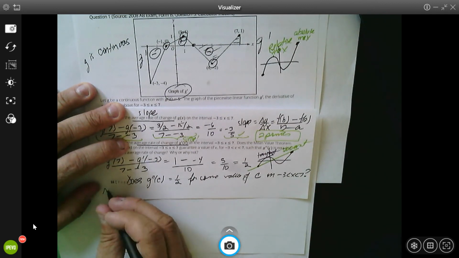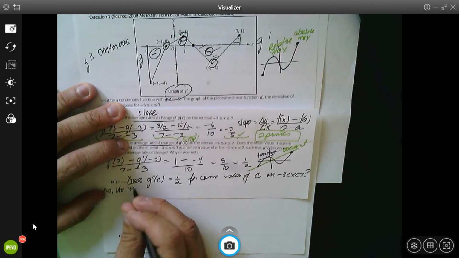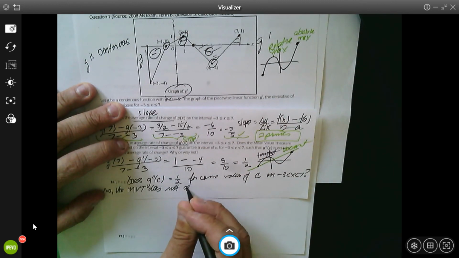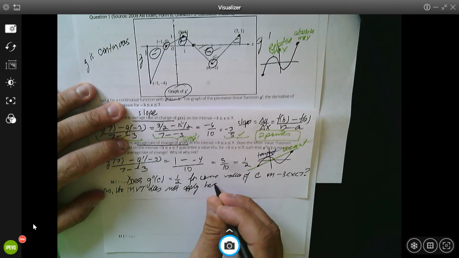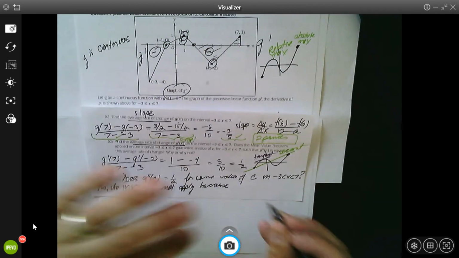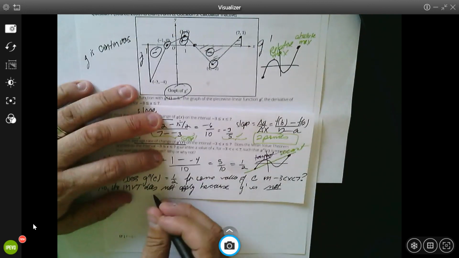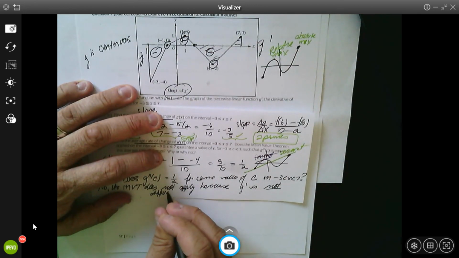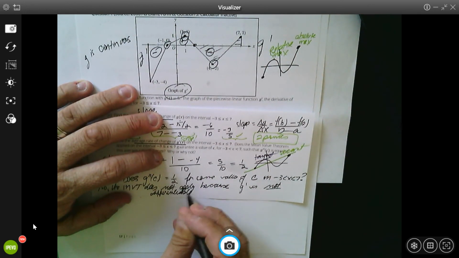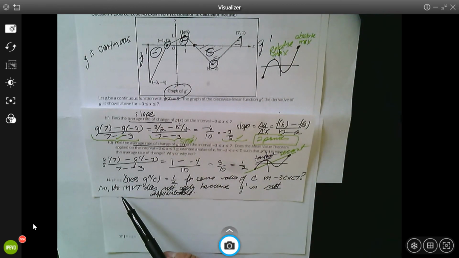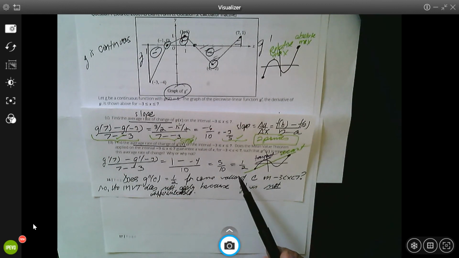So what I would say is no, the MVT does not apply. Why? Because g prime is not differentiable. Because g prime is not differentiable, you cannot use the mean value theorem, and that's why you're not guaranteed that the second derivative has a value of 1/2.